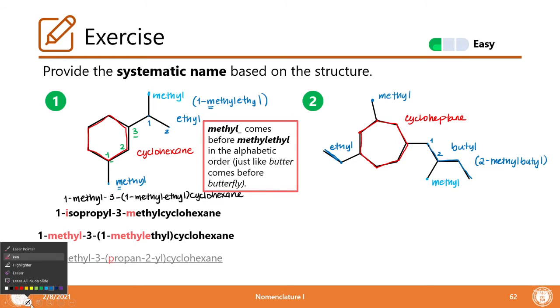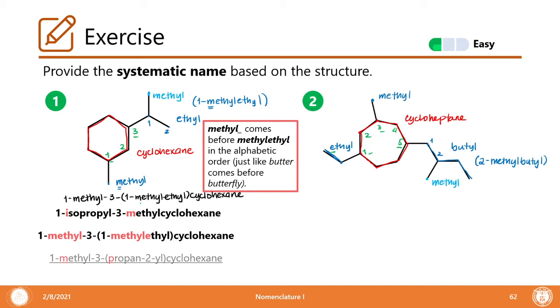E comes before M, so we'll set it as 1. Now we have to go in a direction that will give us lower numbers for all substituents regardless of their alphabetization. So we proceed 1, 3, and 5. If we went the other way, I would have gotten 1, 4, and 6. So the green direction should be followed.